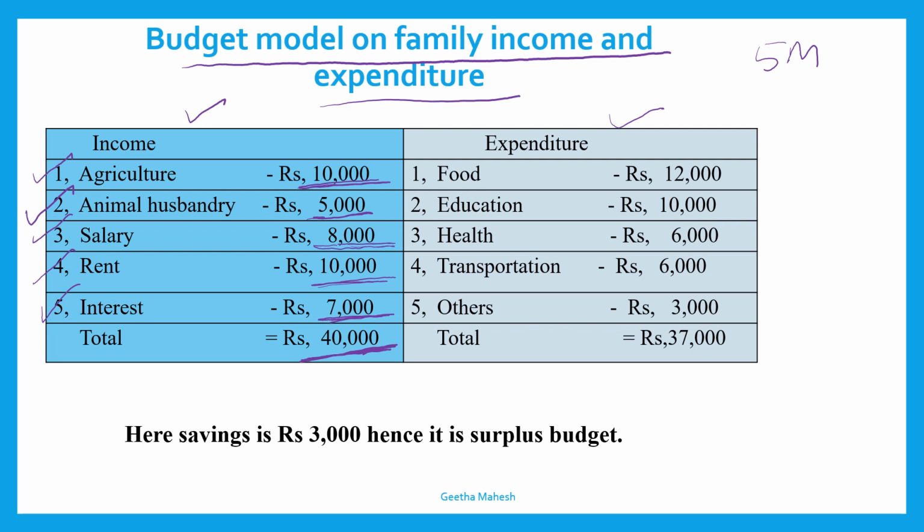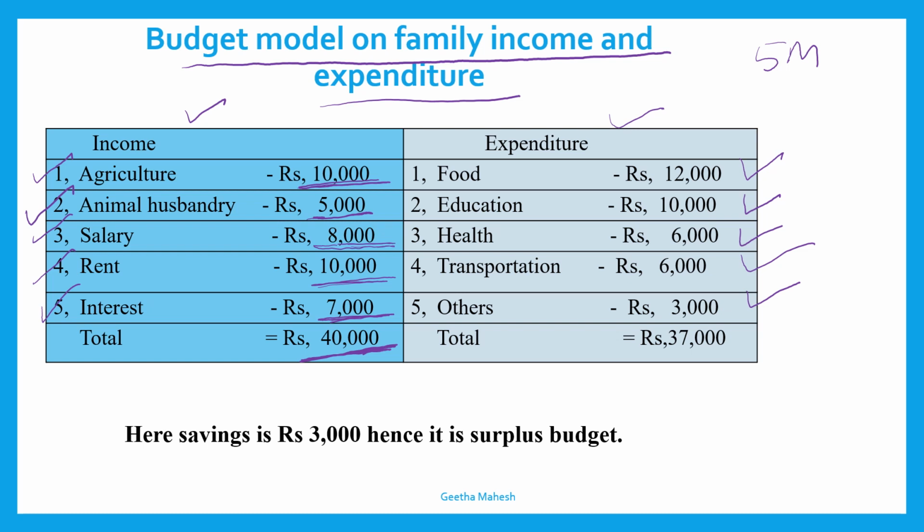As I get an income, there will be an expenditure too. So for food I will spend every month 12,000 rupees, for education purpose 10,000, and for health 6,000, and transportation I will spend 6,000 rupees, and for other or miscellaneous expenditure comes around 3,000.